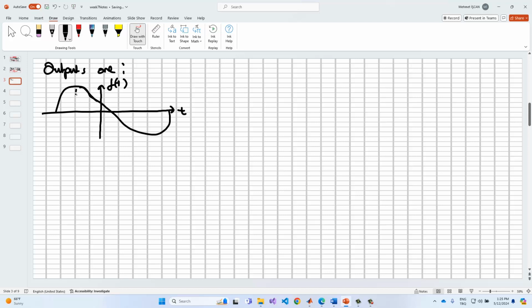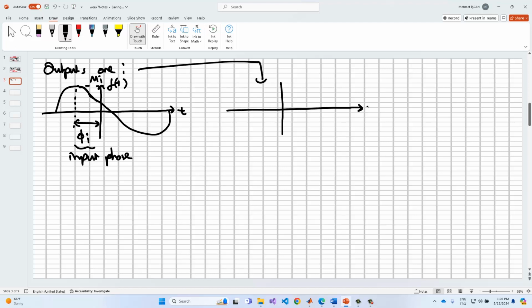And so we have the magnitude value here with some phase, the input phase, okay? This is the input phase. And also we have the magnitude value Mi here. And then how can we generate the output value here? The output can be written or drawn with the concepts of x(t) for the system output.